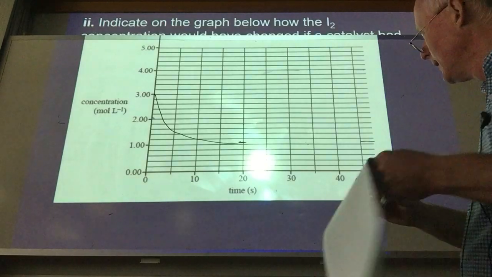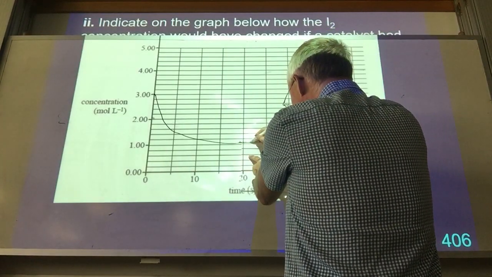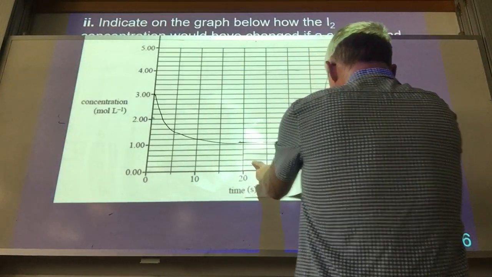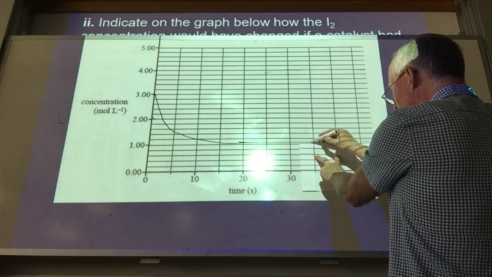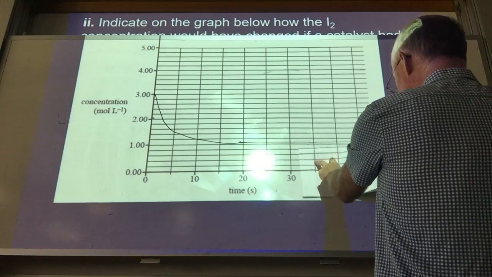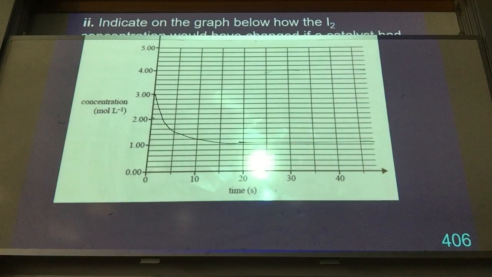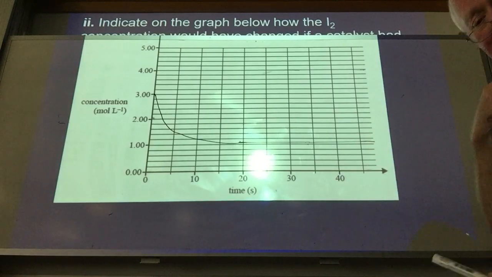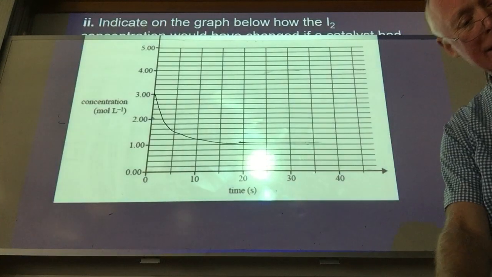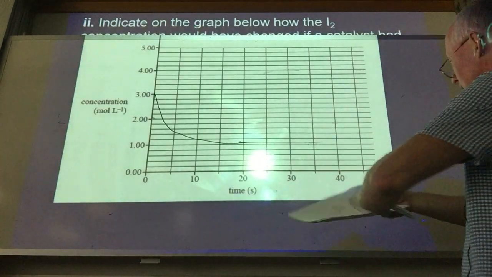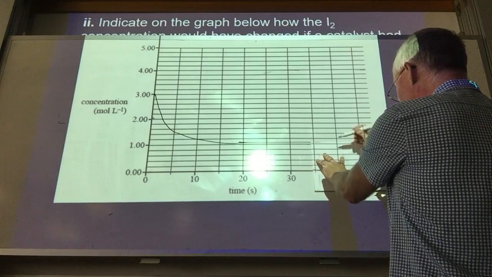And again, ruling that line. See, if you forget to bring a ruler to the exam, data book works perfectly. Except that's not exactly horizontal. I would redraw that probably. Yeah, I'm being OCD, but you got to get them right.